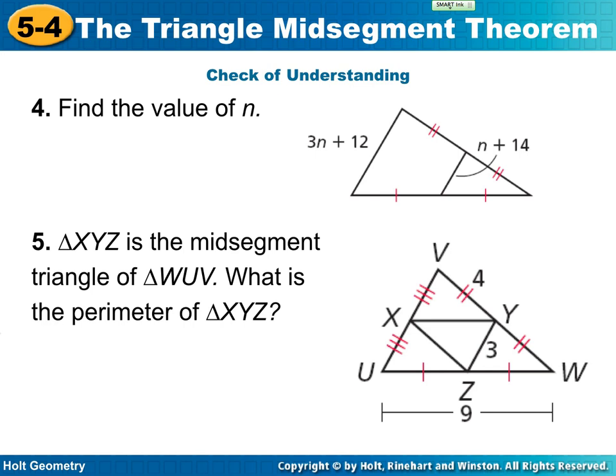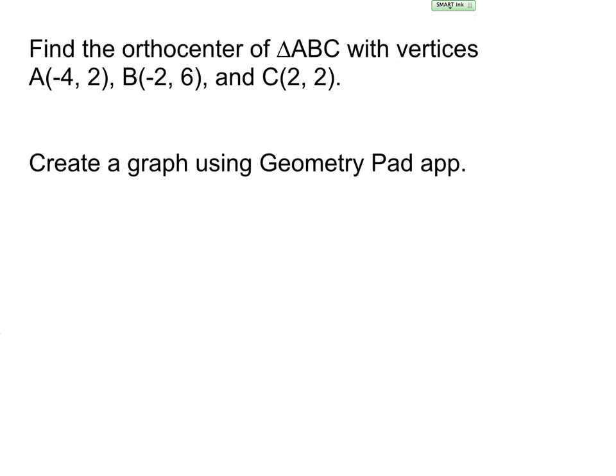Is the mid-segment the same length as that side? That would be one way to do it. The n plus 14, you have to take that times 2 to get it to equal the side over there, because the mid-segment's only half as long. So that would be a way to do that problem.